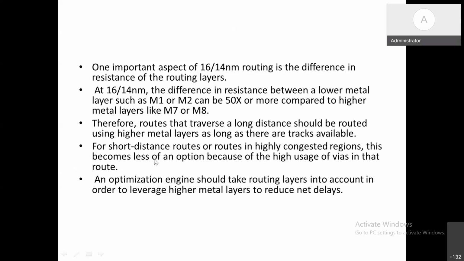Whether you can use a short distance route, or you can use a traversing long distance route with higher metal layers, so that the current stays the same. When the resistance varies, you should find a proper route from one metal layer to the other. They can even use some optimization methods to do that.